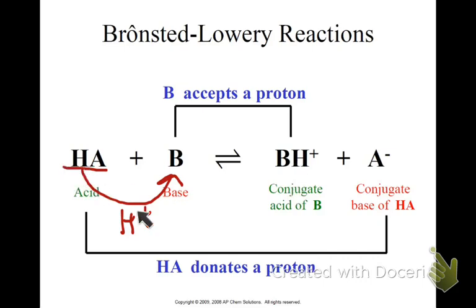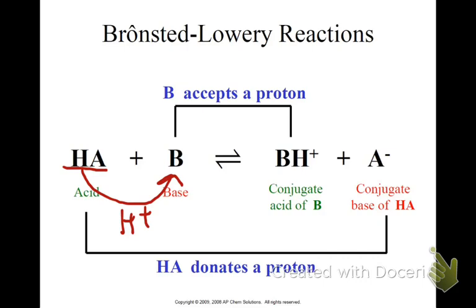So HA has donated a proton to the B. B accepted that proton, and so B becomes BH+, and HA becomes A-. Since HA donated the proton, it's an acid. Since B accepted that proton, it is a base.